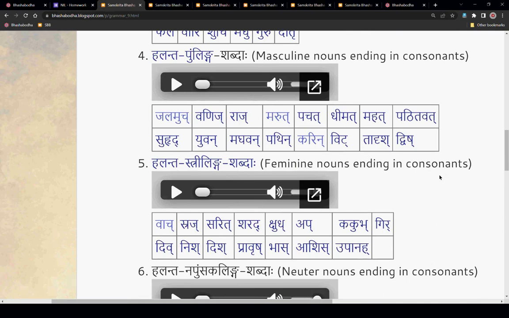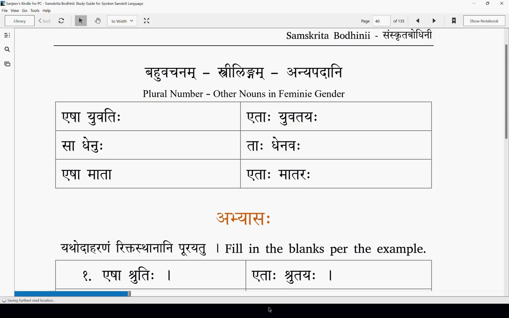You pick any one, some of them are a little different, but take one each, and the other ones you will be able to remember without actual memorization. Dhenu becomes Dhenavaha, like Guru becomes Guravaha, here also.